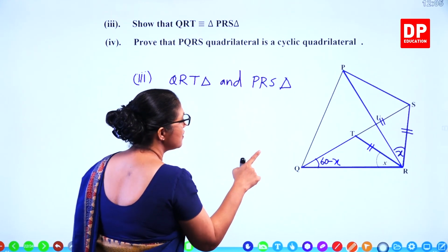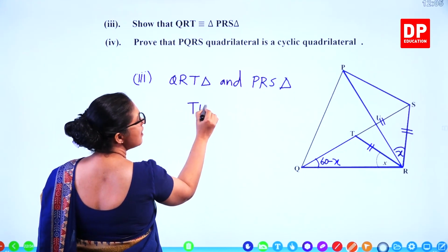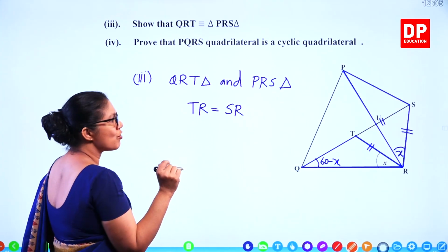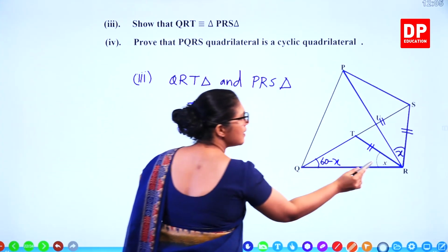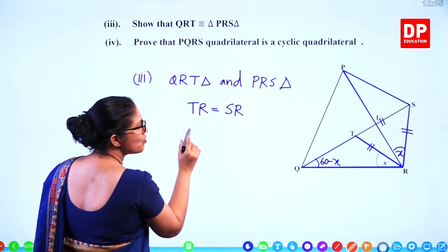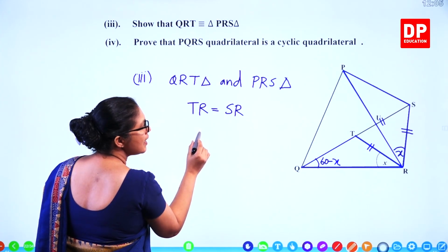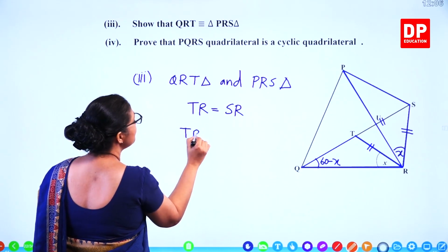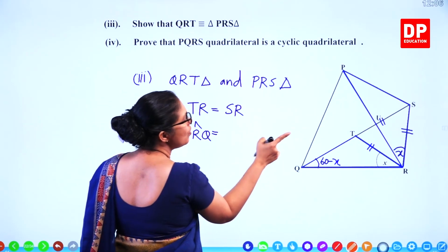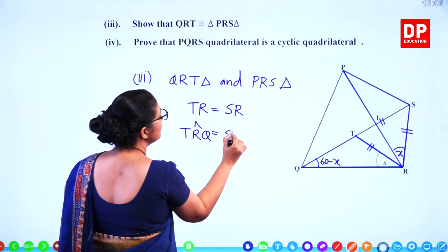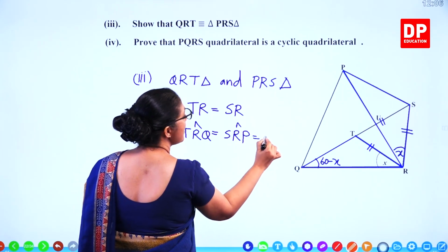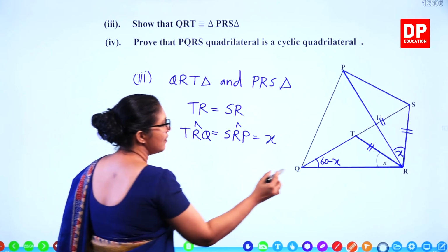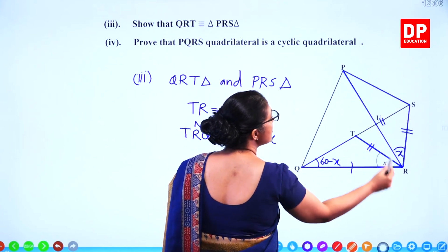And so one length is there when you take this triangle, TQR triangle. So we'll write down first TR length is equal to SR because of equilateral triangle. And also one angle is equal, this is X. That one also you can write TRQ is equal to SRP. That's X. And we can say this length is equal to this length.